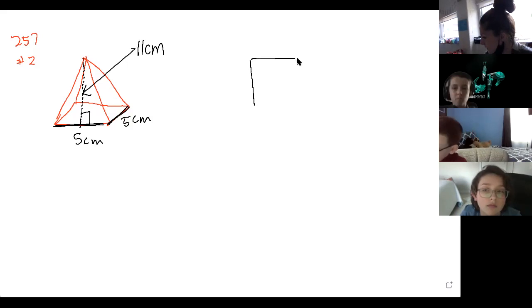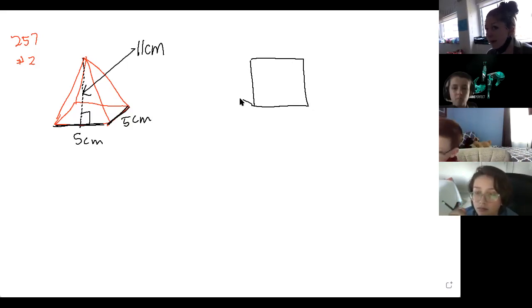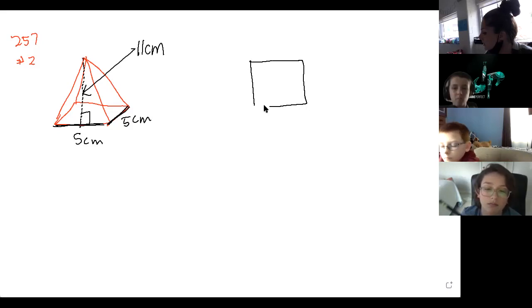And then Shane's going to answer. What is the shape that you see on the bottom? What shape is it? Thank you. It's a square. And we know it's a square. Hang on. We know it's a square. Why? Because what labels prove to me it is a square? How did we know it was a square?